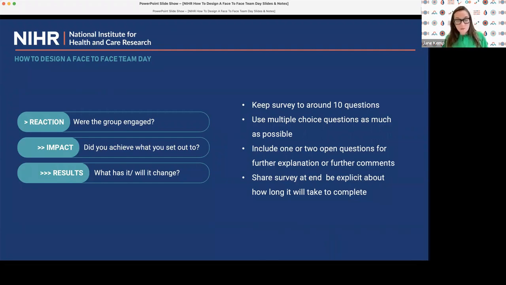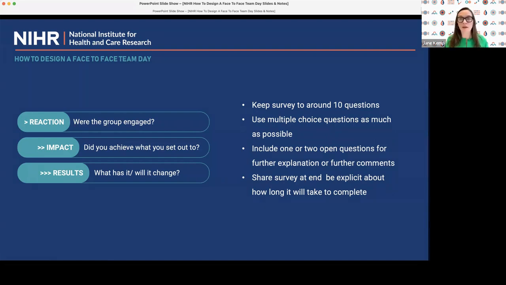So the importance of impact. Did we achieve what we set out to achieve? So if we go back to that think, feel and do, what was it that I was aiming to achieve? If we go back to that, we can think about, did we achieve that? And this can be done via a Kahoot.